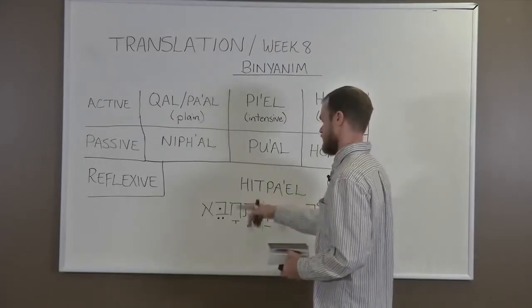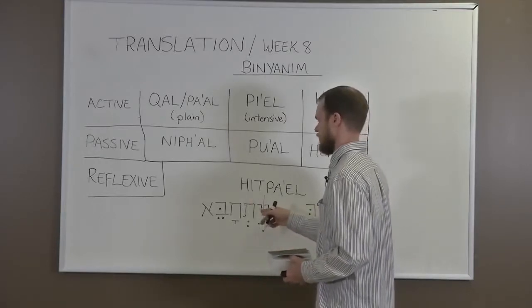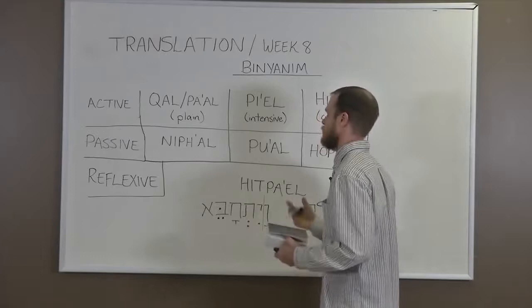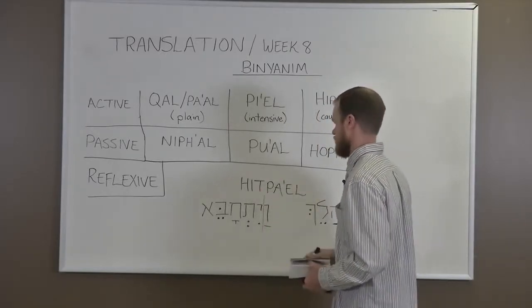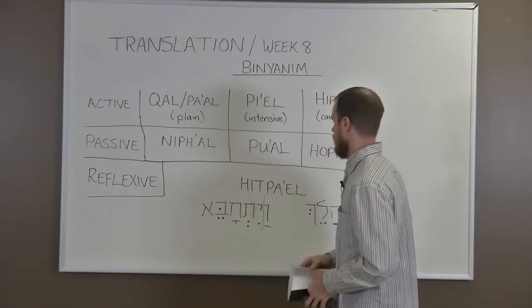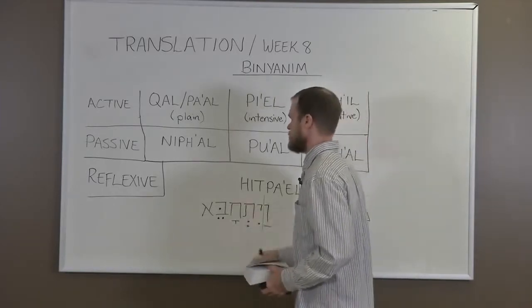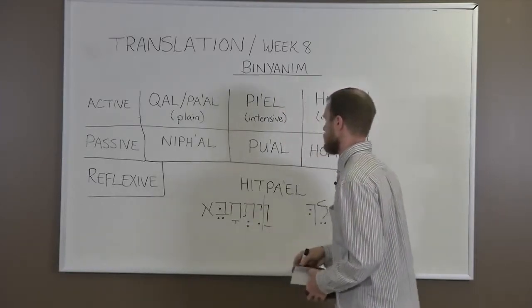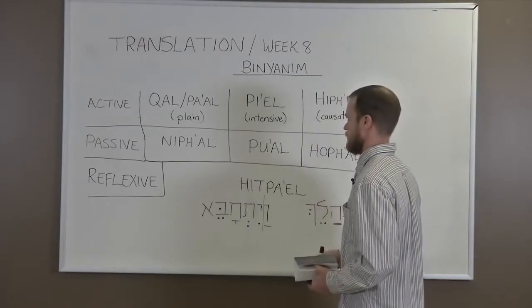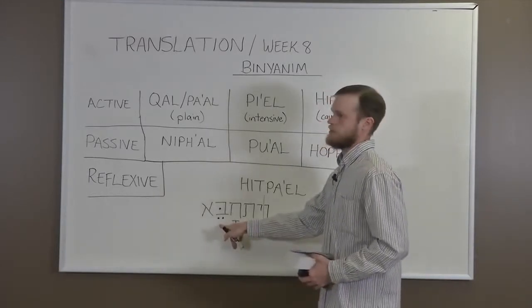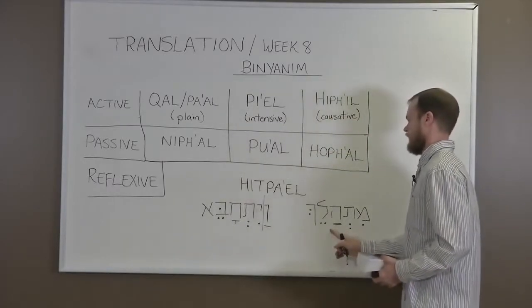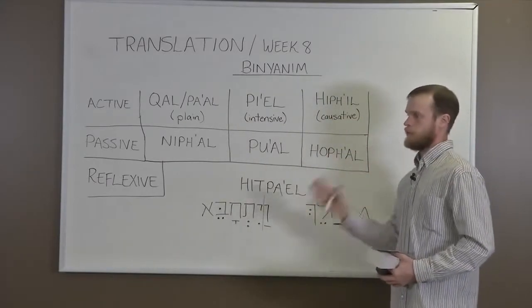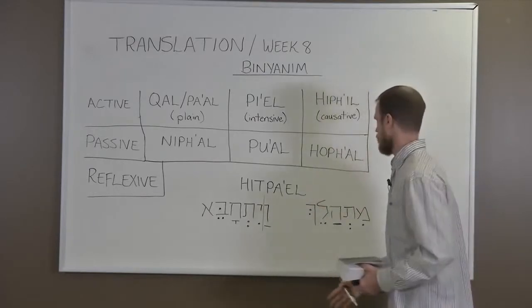And the vav flips the tense. Yitchabe would mean he will conceal himself. The vav flips the tense, so it becomes past tense. He concealed himself. So it's an action that he did to himself. So the hitpael is used there. Here it's in the reflexive sense, which is what it's best known for, and there it's in the reciprocal or repetitive sense, back and forth.